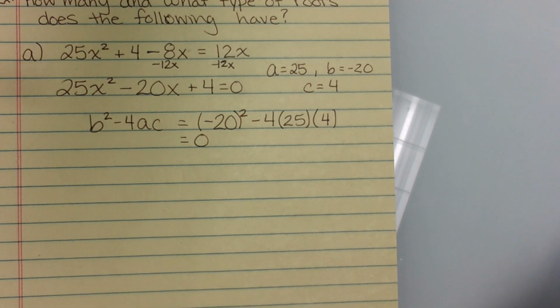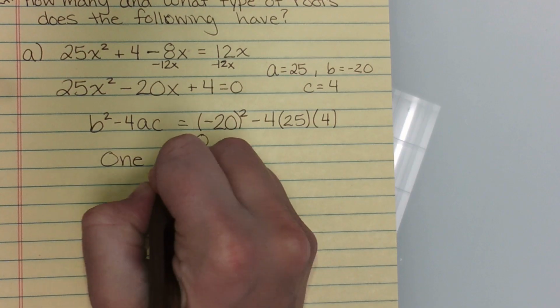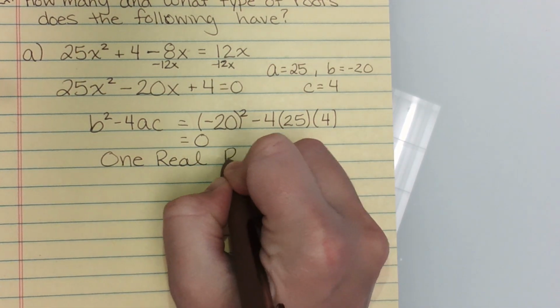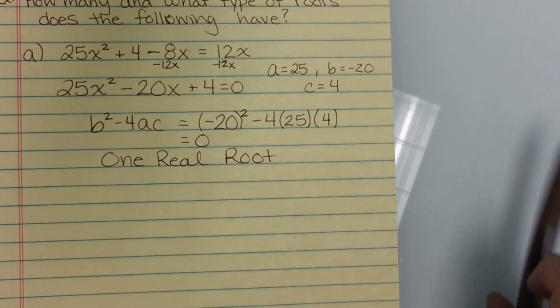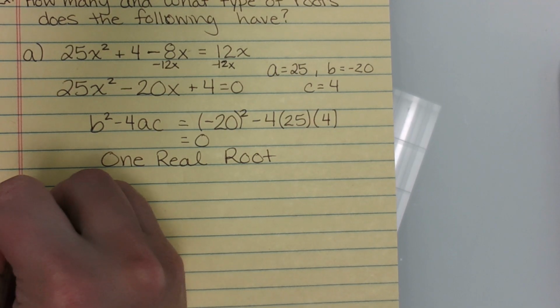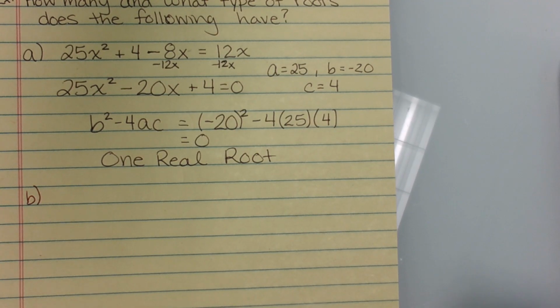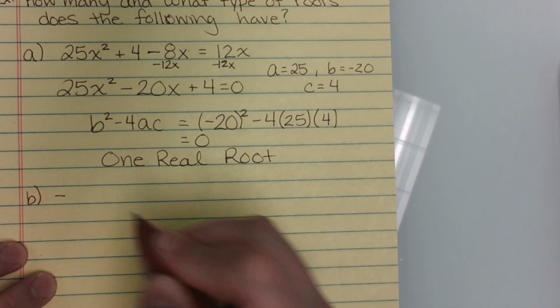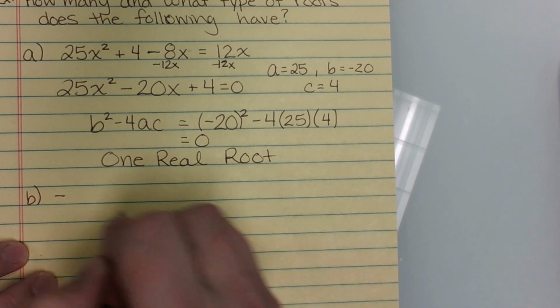Yes, and if b squared minus 4ac is equal to 0, how many and what type of roots are there? One real root. Yep, that's what it asked for.